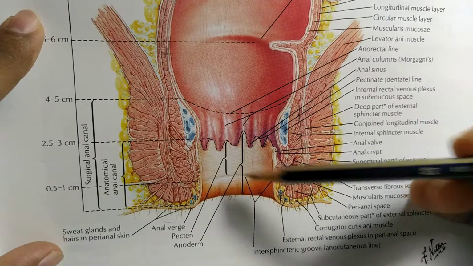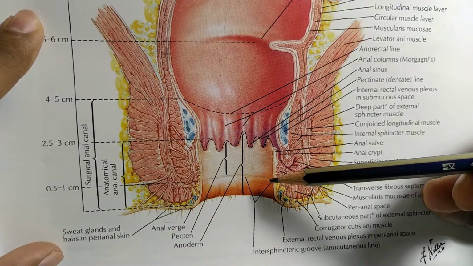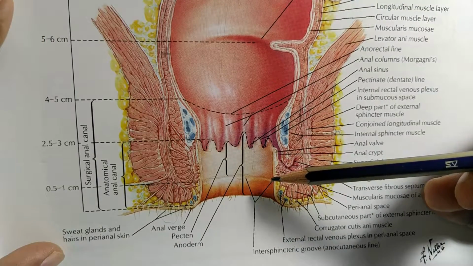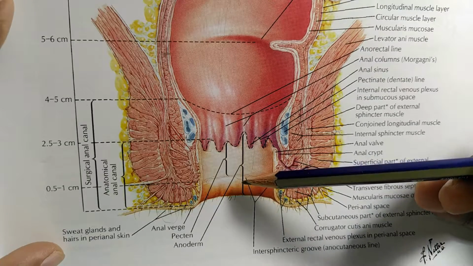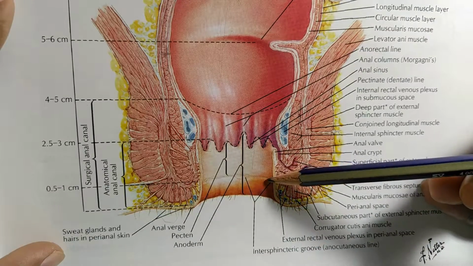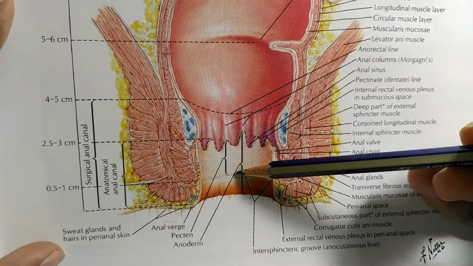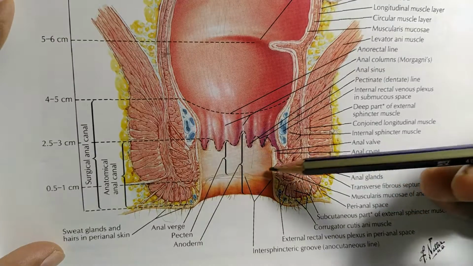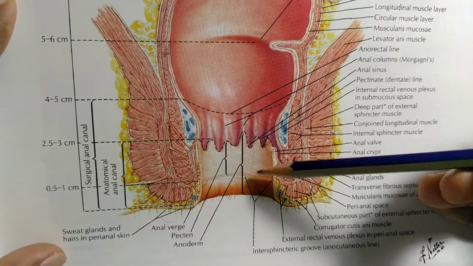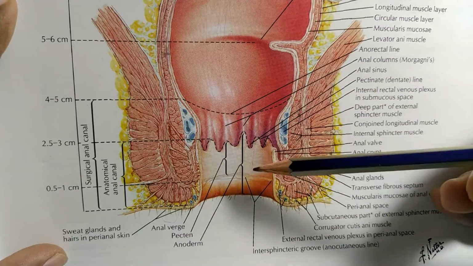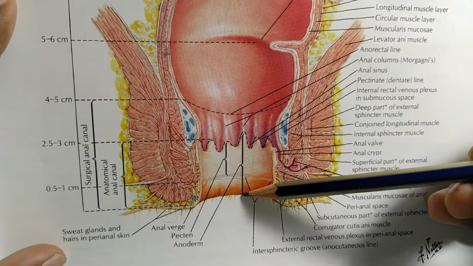There was an anatomist, Dr. Hilton, who described this as a developmental difference, which is called Hilton's white line. So there are the upper part, intermediate part, and the lower part of the anal canal.